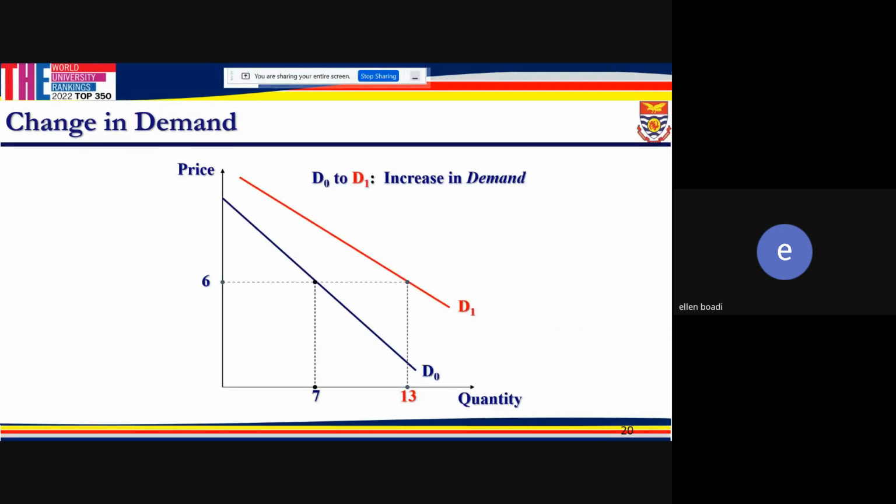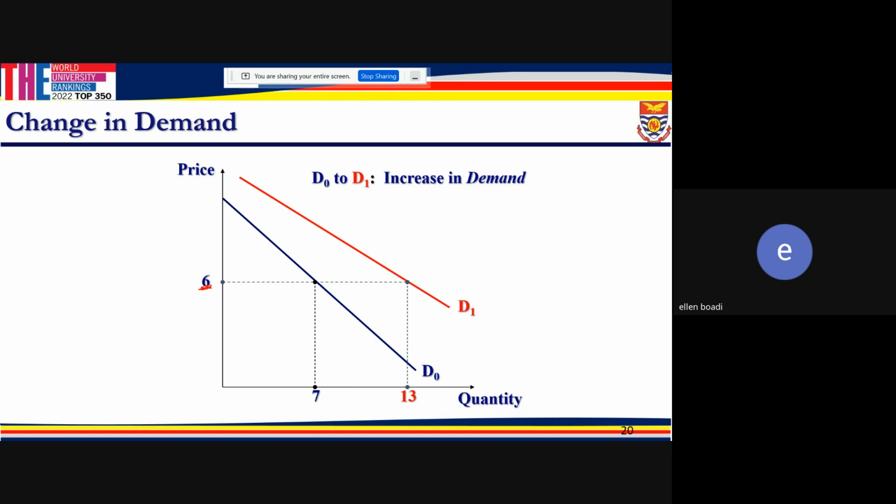Apart from that, you can have a change in demand. Change in demand is when there's a change in quantity as a result of a change in any of the other factors that affect demand, apart from own price, just as we discussed in the factors that influence demand. In our analysis, for instance, the price of jollof is still the same.